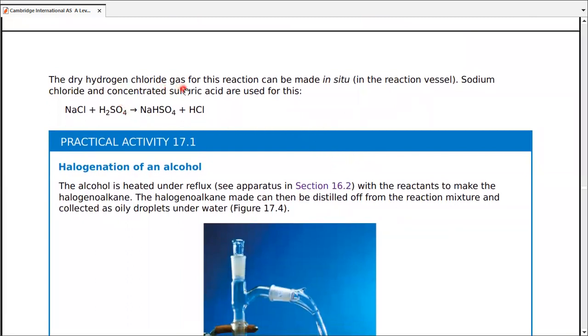The dry hydrogen chloride gas for the reaction can be made in situ. Now, this is the first time that we are going to discuss this word, in situ. It's pronounced in situ, and in situ means whatever reactant you need is made right in the reaction vessel with the help of 2 reactants.